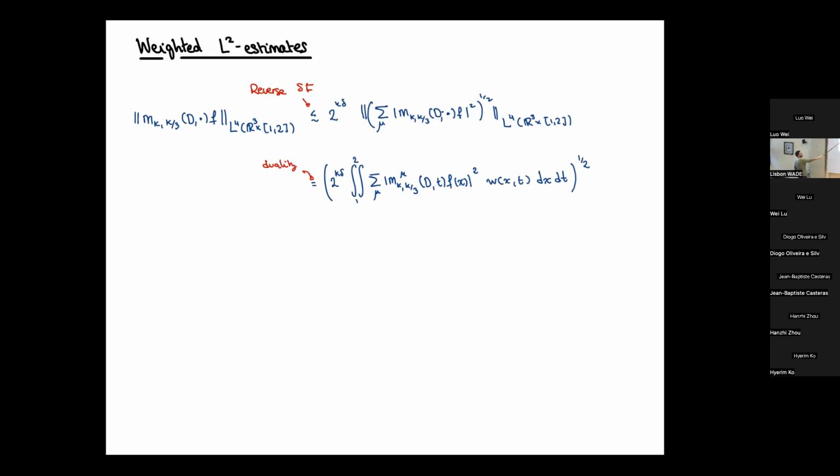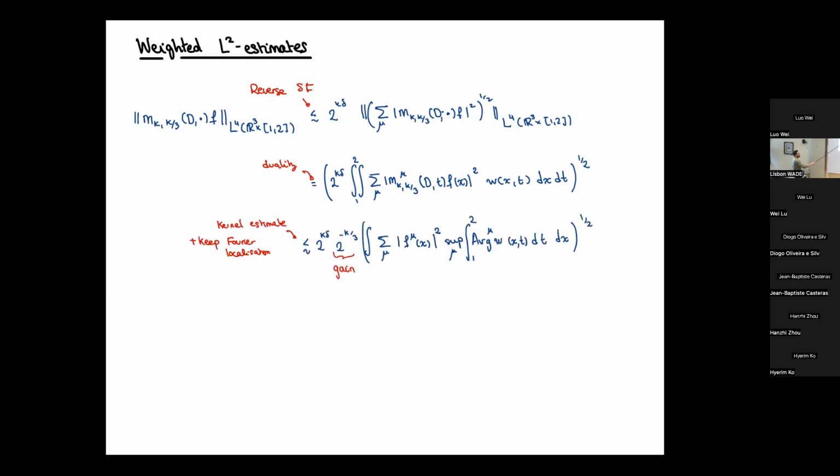One can pair this with a weight, and then I have this pointwise multiplier acting on my function, and one can use the kernel estimate that I showed before. For these pieces, this is like the Lp estimate, but in a kernel sense. So they come with the right gain of 2 to the minus k over 3, because this is localized, L-infinity to L-infinity, and L2 to L2 we always get that gain.